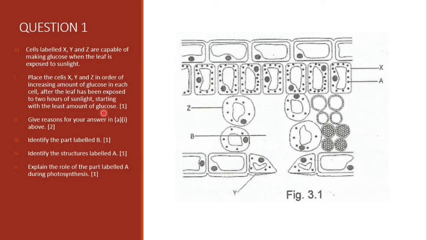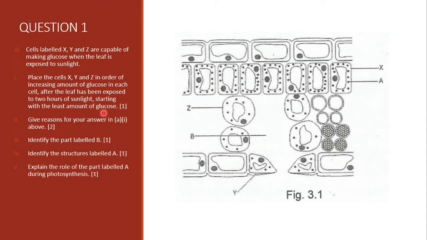They are telling us to place the cells in an order from the least to the most, from a cell which produces the least amount of glucose to a cell which produces the most. That's what they are asking us here.